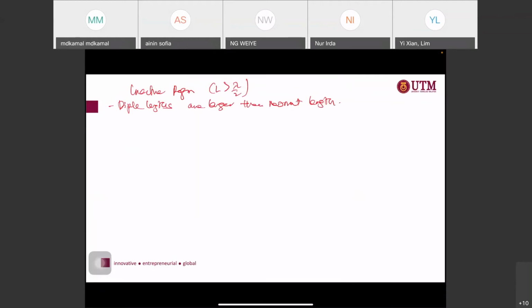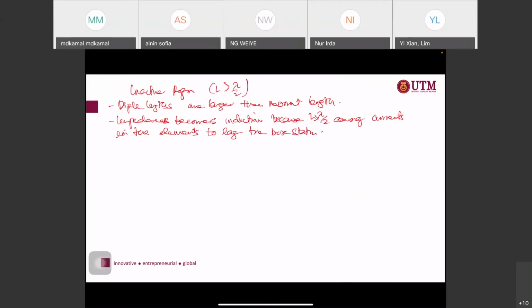So the impedance becomes inductive, because if L is less than half wavelength it is capacitive, but now it becomes inductive because L is greater than half wavelength, causing the current to lag the base voltage.